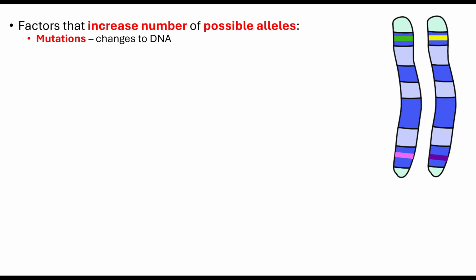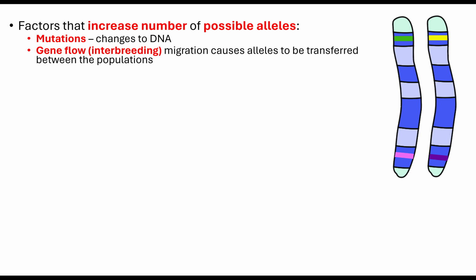So factors that will increase the number of possible alleles within a population are things like mutations. Mutations are those changes to the DNA base sequence. Then gene flow. If we are talking about interbreeding, if there is migration of a population, any migration in any direction is going to cause alleles to be transferred between one population and another.